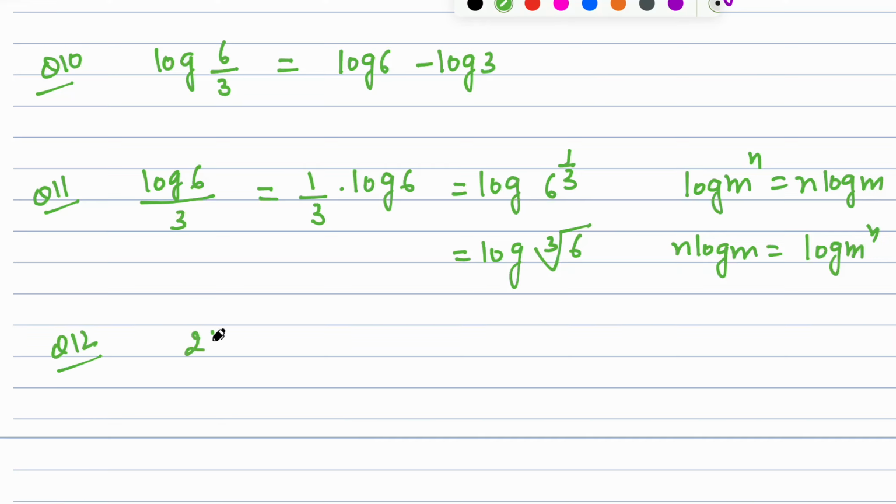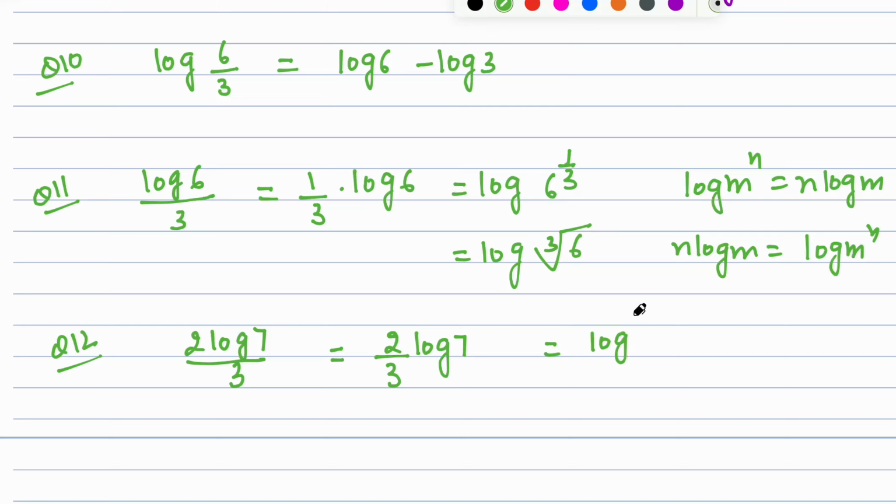Now let's see a slightly different version of it, like question number 12. It's 2 log 7 by 3. Now stop and try to do it on your own. Can I write it as 2 by 3 log of 7, right? First I am dealing with 2, not with 3.